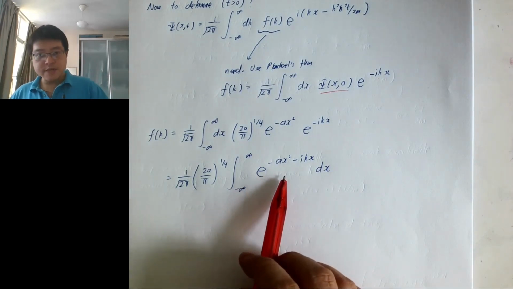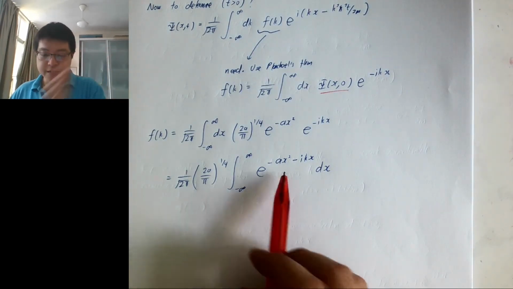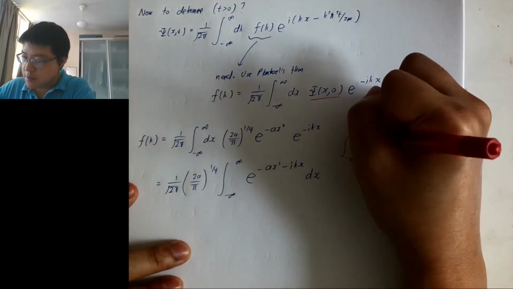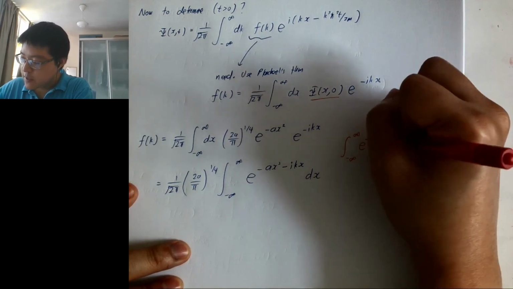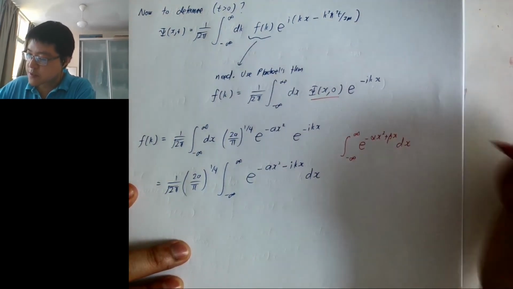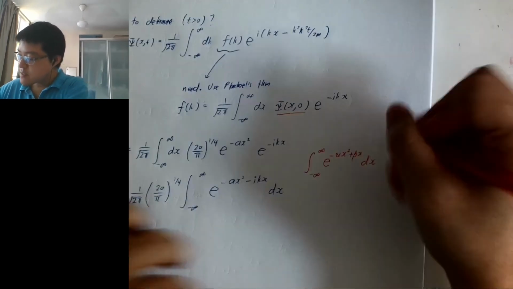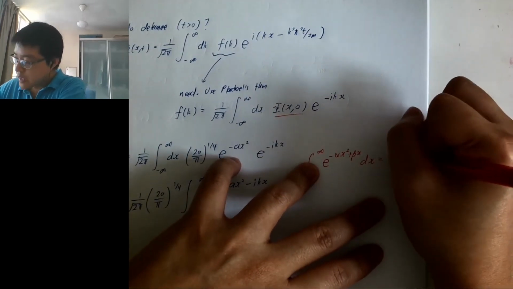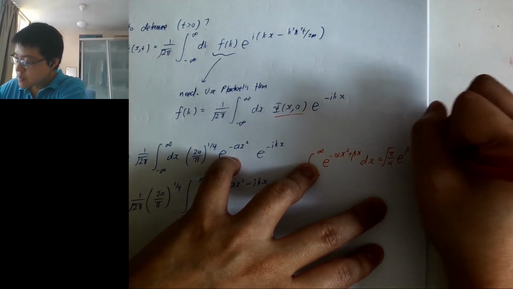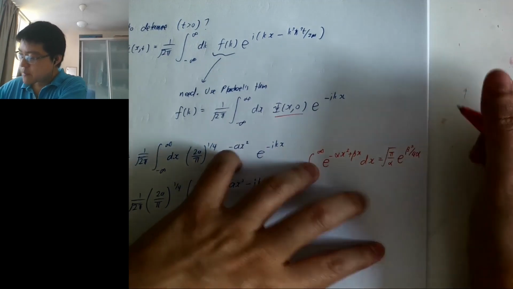So this is another integral which is given in the formula list, but let me put it here, right? So the integral is the following: e to the alpha x squared plus beta x, integrated with respect to dx, equals root pi over alpha, e to the power of beta squared over 4 alpha.